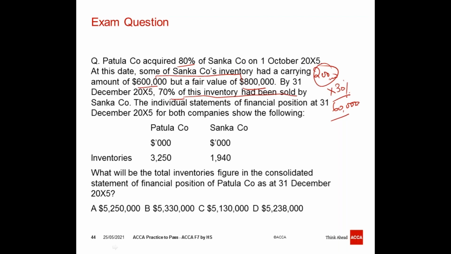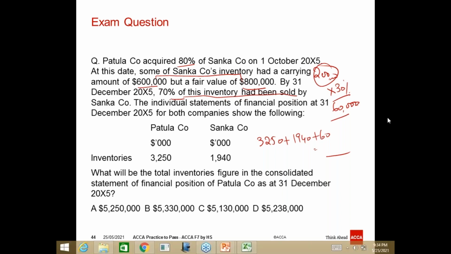At the reporting date, the inventory of the parent company is 3250. Inventory of the subsidiary company is 1940. Plus there is a fair valuation adjustment of 60. And that's it. So the right answer should be A. Wonderful.